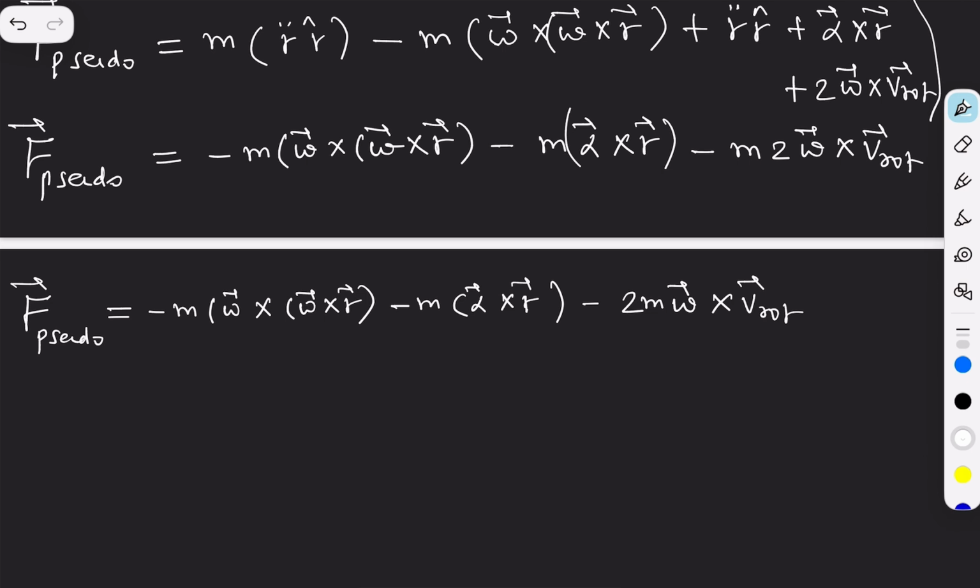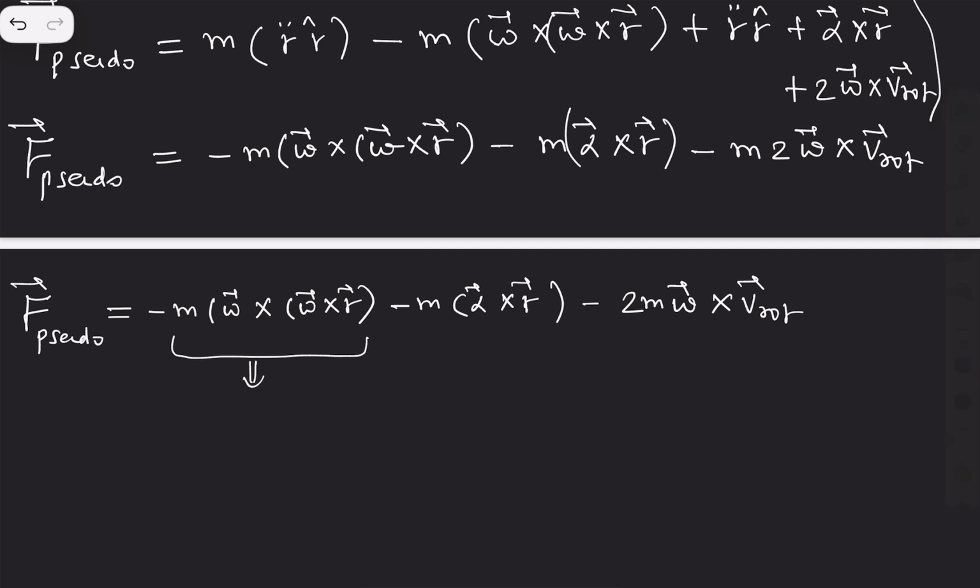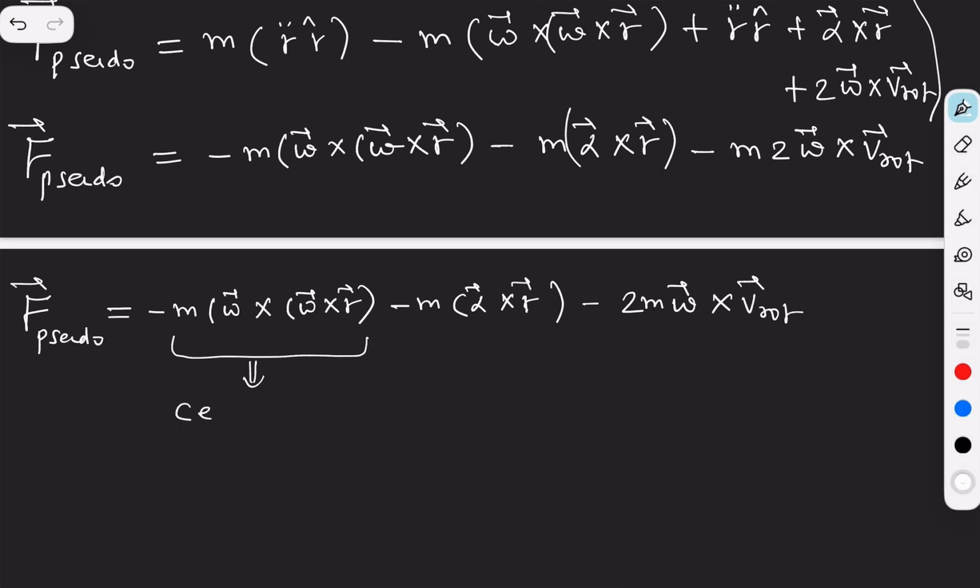Here, if you see this force and its direction, if you do the math and check with the cross product, you will see that it is coming in the radial outward direction. This fictitious force is known as the centrifugal force.